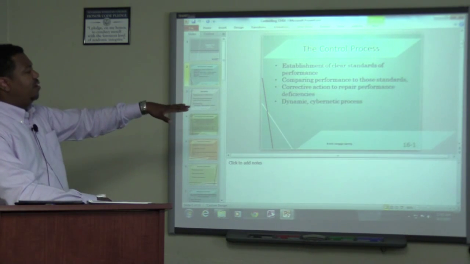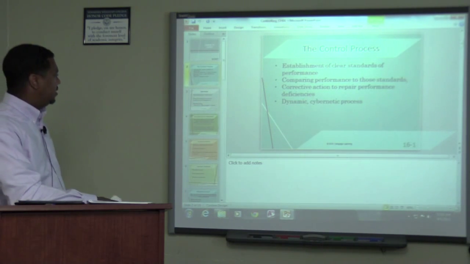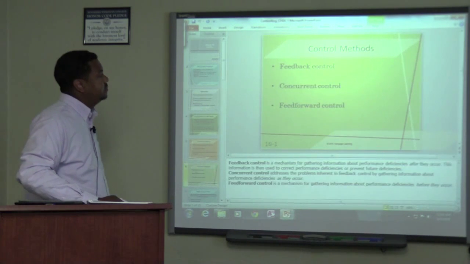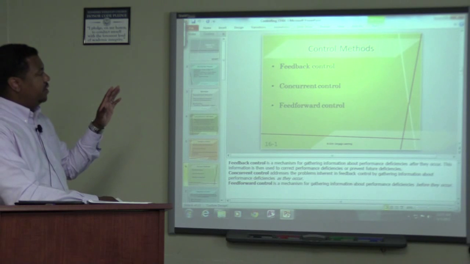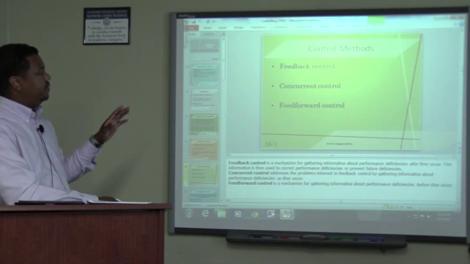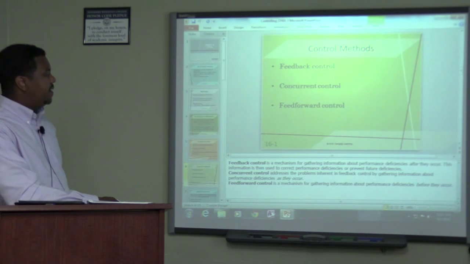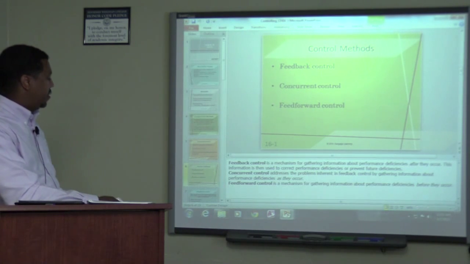We have to figure out a way to repair those deficiencies that happen within our organizations as well. We see the importance of having control methods based off feedback, the concurrent control, and then the feed forward control as well, when we think about developing overall control methods in our organization.